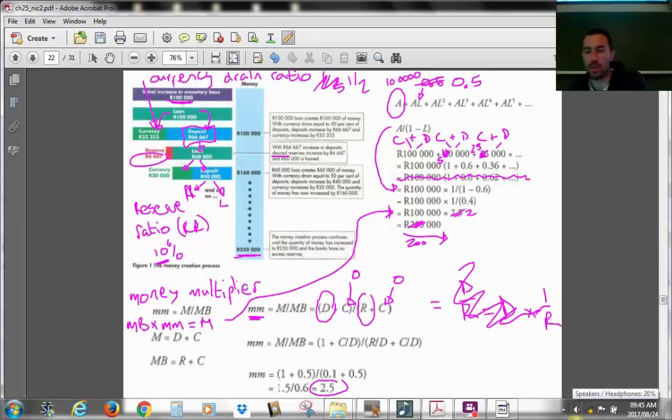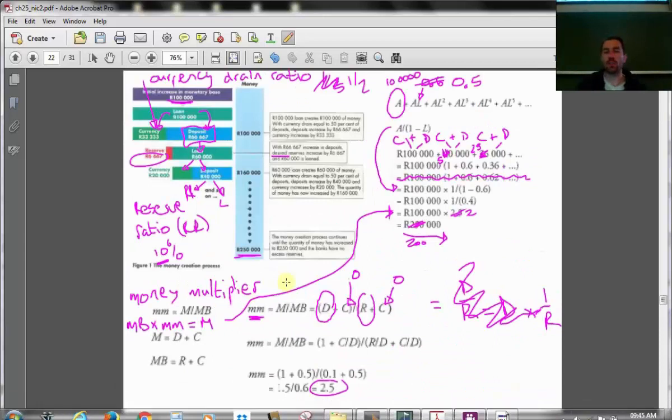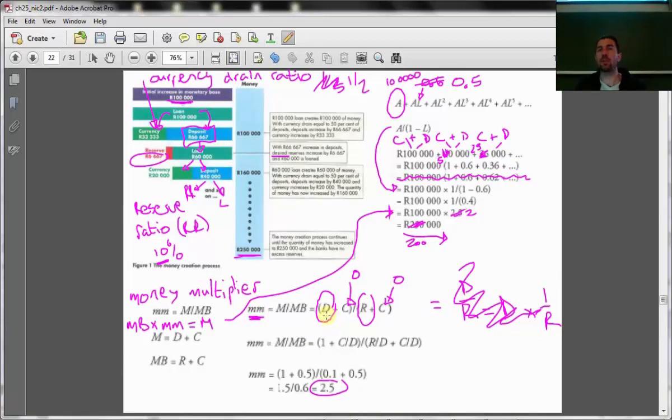Oh, you know what it is? Sorry. I know what I've done wrong here. It's because I've assumed that D was a deposit ratio, right? In other words, I don't have a deposit ratio separate from a currency ratio. My deposit ratio is 1 because there is no currency drain ratio. You get what I'm saying? So in this equation, D is 1 because there is no currency drain.